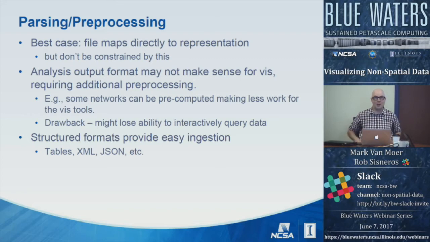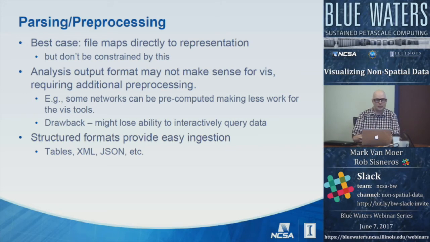All right, so parsing. You also see this referred to as pre-processing in a lot of literature that's out there. Absolute best case is the data that's handed to me maps directly to some type of representation. That's relatively rare, but it happens occasionally.